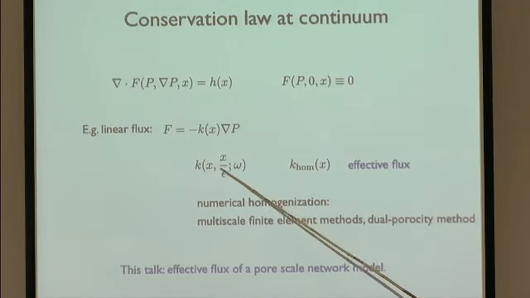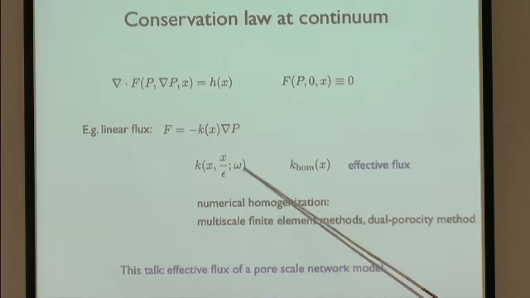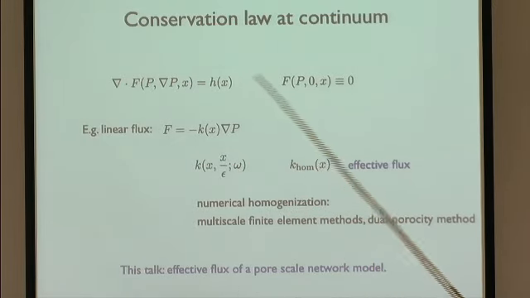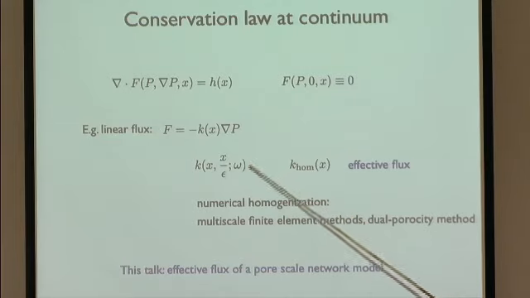It may be periodic or it may not be periodic, and it may have some randomness in this permeability function. So it may be very difficult at the scale you're interested in to solve this problem. It may be too costly to solve the original problem with this permeability function.